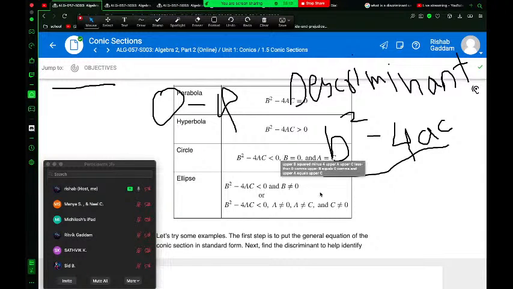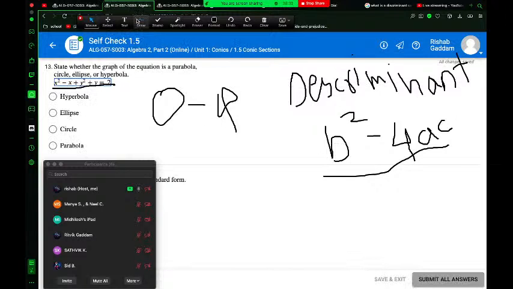If the discriminant is negative and b equals 0 and a equals c, then it's going to be a circle. Since our equation meets all of those criteria, this one is obviously a circle because a and c are the same.